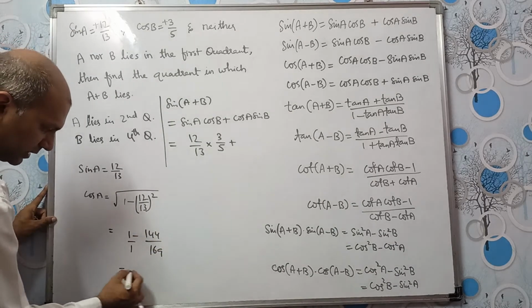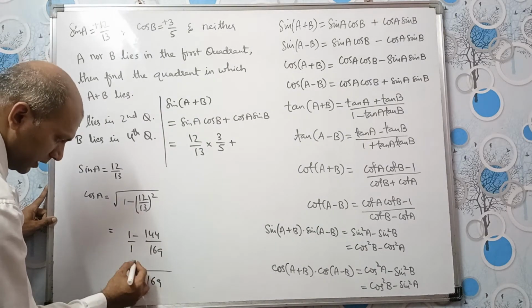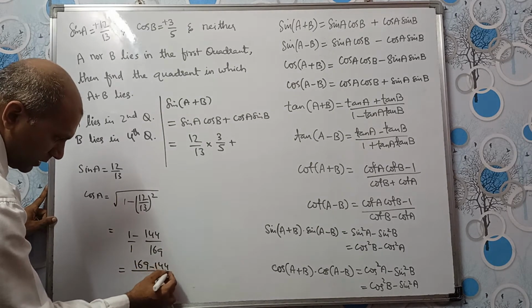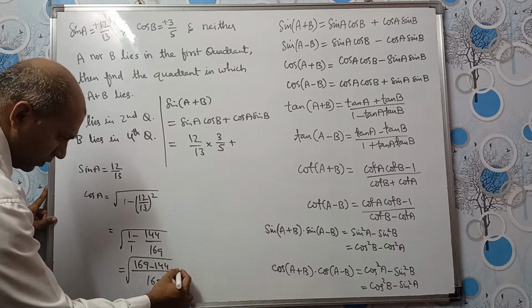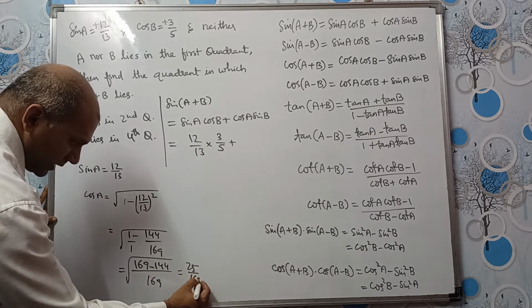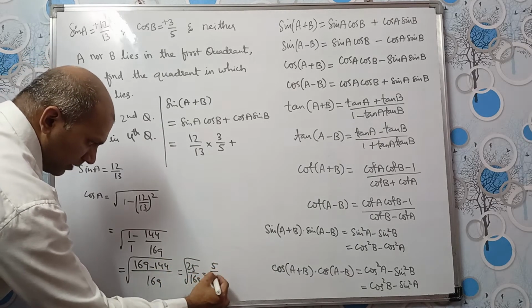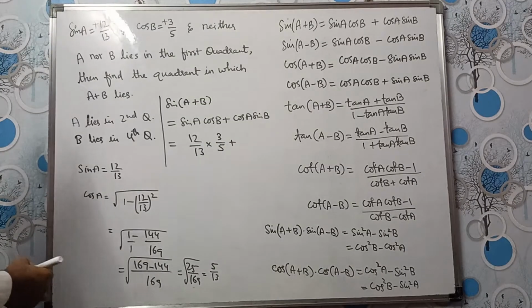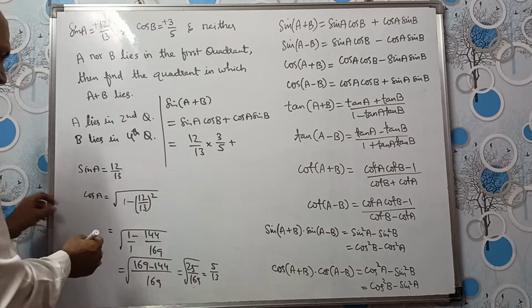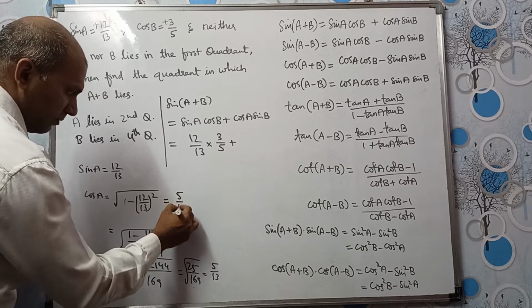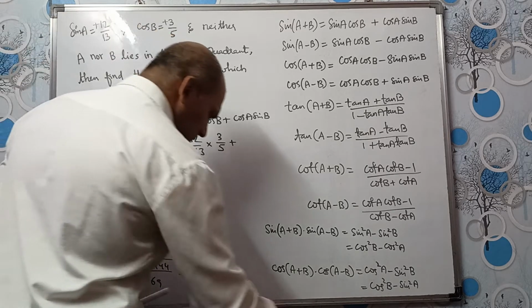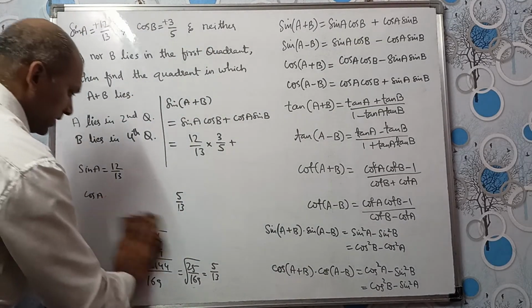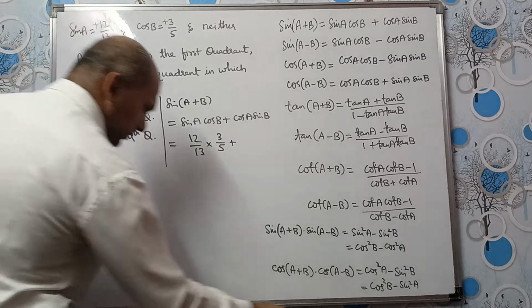The denominators are different, so multiply the denominators and cross multiply the numbers. This will be, don't forget the root, 25 by 169 under root, which is 5 by 13. Okay. Now cos A is equal to how much? It is 5 by 13. Now cos A is 5 by 13. Okay.